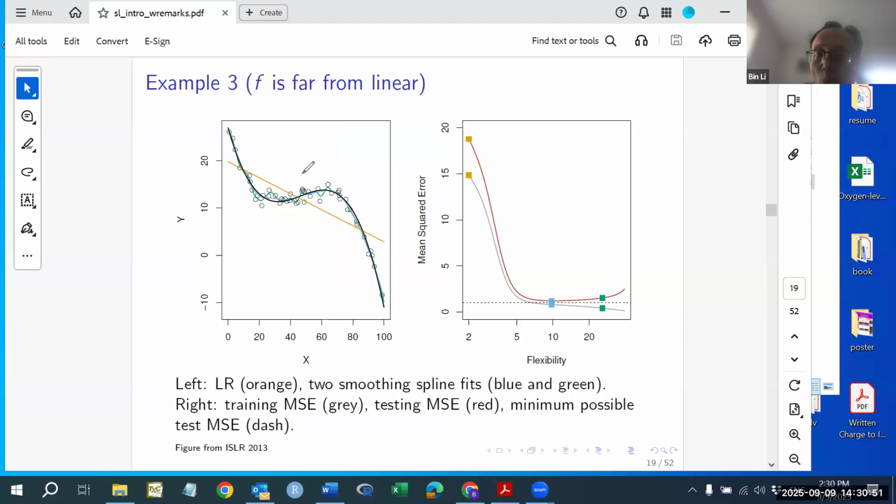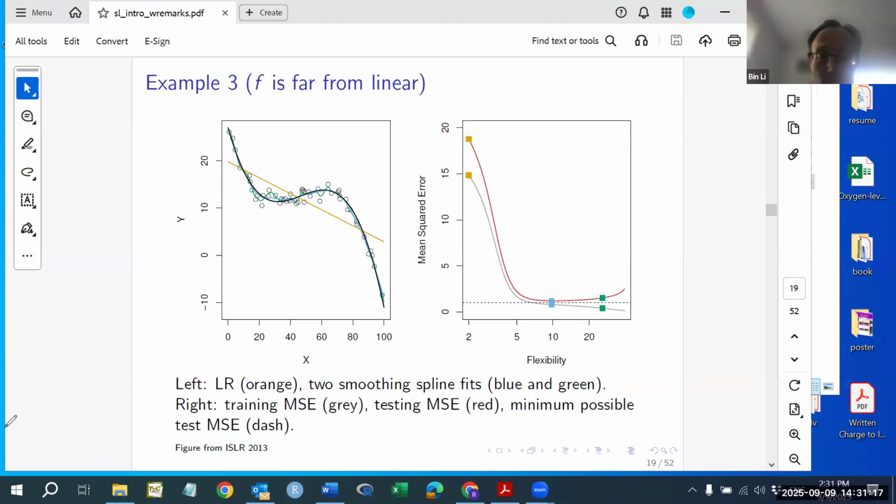If the model is more flexible, you can see a flexible model tends to have low bias because it's complicated enough so that the bias between the truth and the model will be minimized, will be very small. But since the model is complicated, the variance of the model is large. Why? What is the variance of a model?